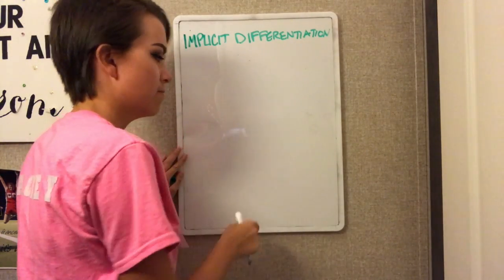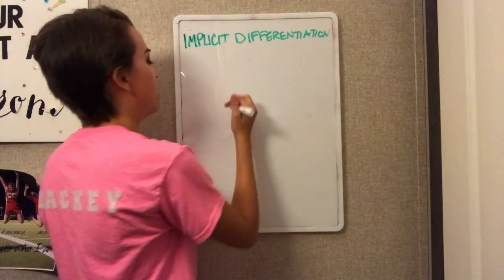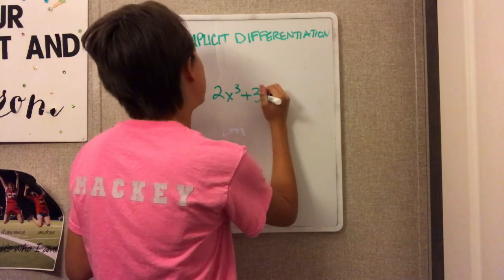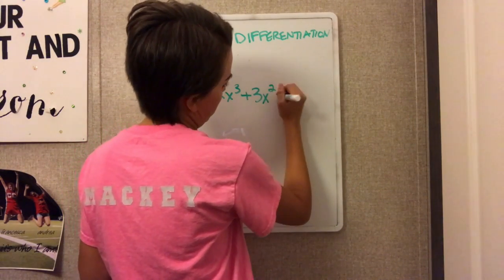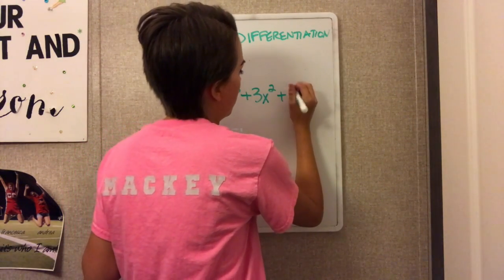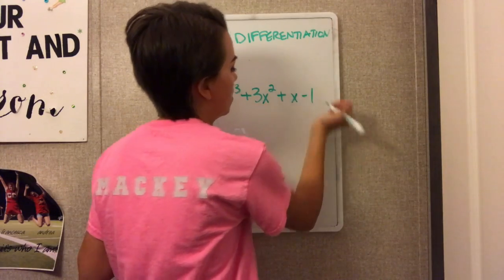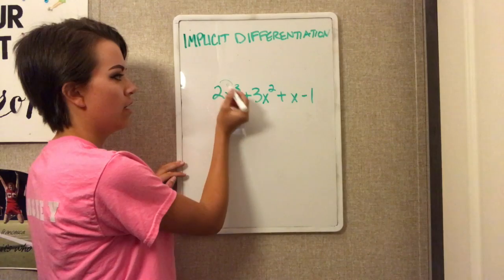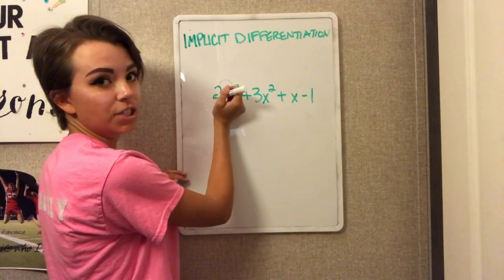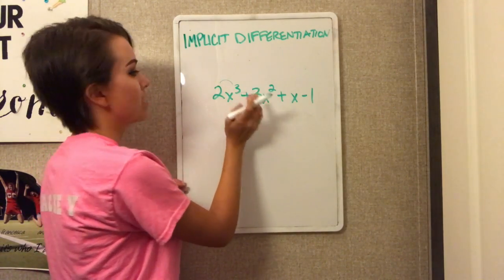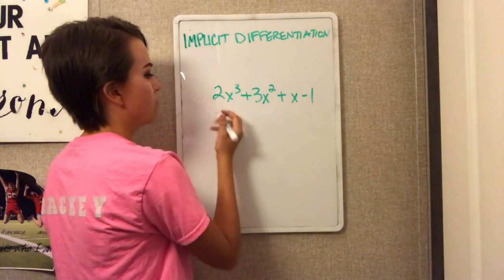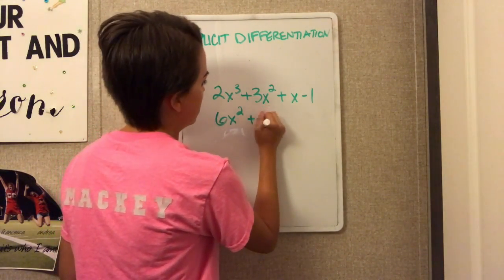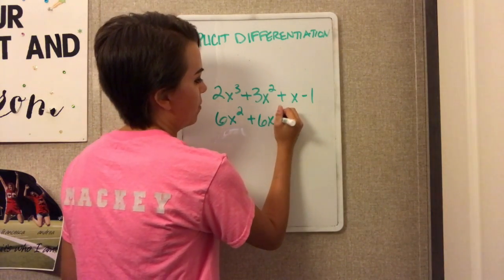Before, and I didn't make this a part of the video, we were taking derivatives like, let's say we have 2x cubed plus 3x squared plus x minus 1. With the shortcut, you just multiply the exponent by the coefficient and then subtract 1 from the exponent. So here, this will be 6x squared plus 6x plus 1.